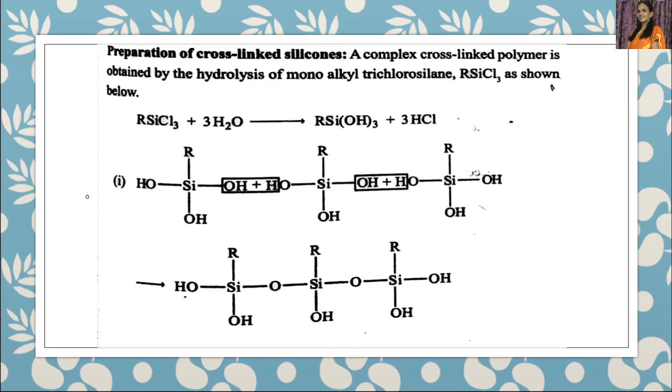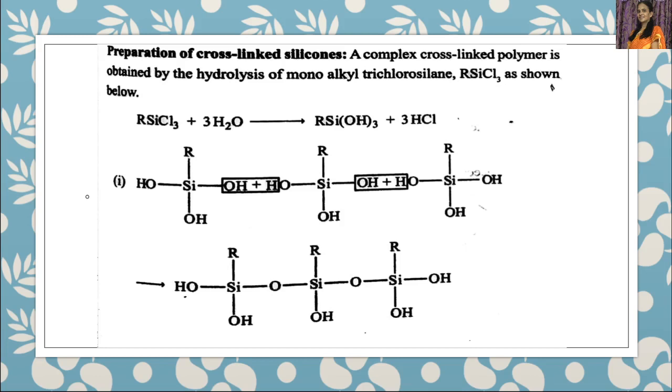When it is subjected to hydrolysis, these three chlorine atoms are replaced by OH groups. We can see here RSi(OH)3 plus HCl.